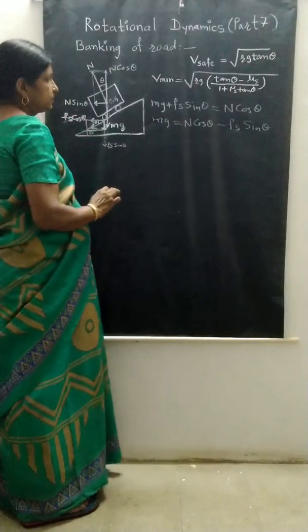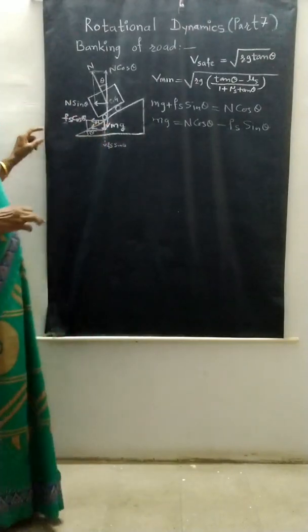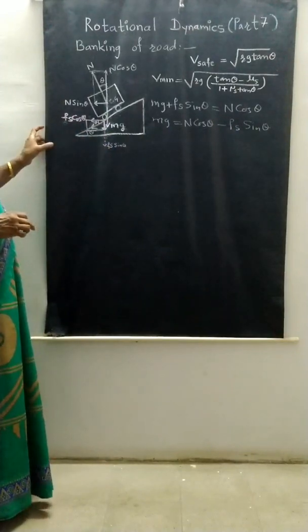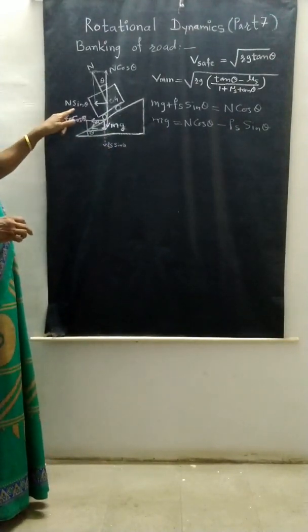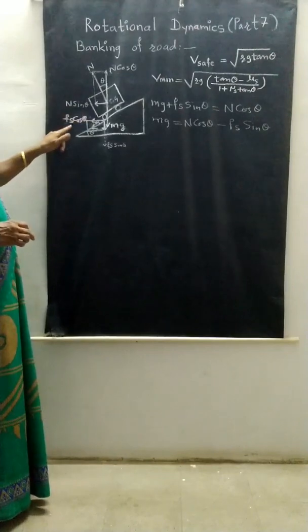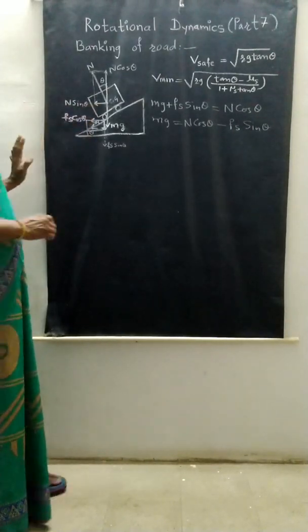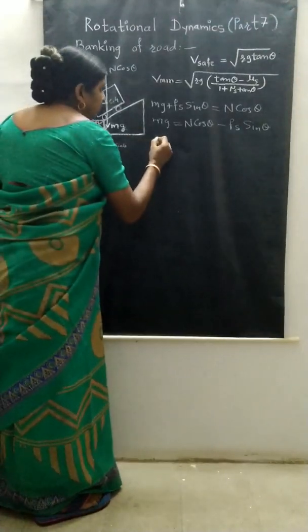Again, the other equation is for centripetal force. Here, this N sin theta and Fs cos theta add together to form the centripetal force.